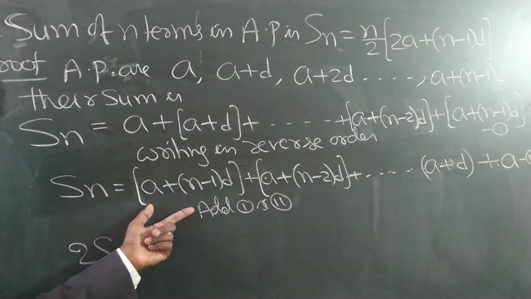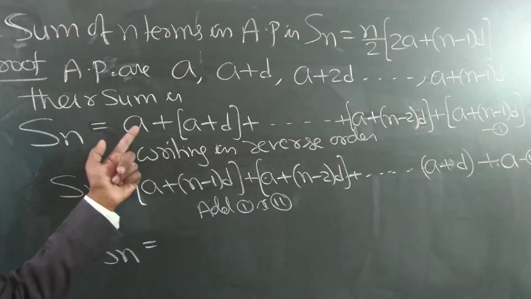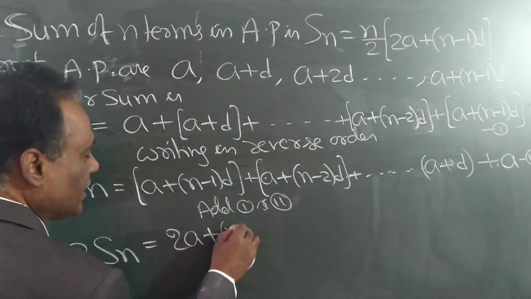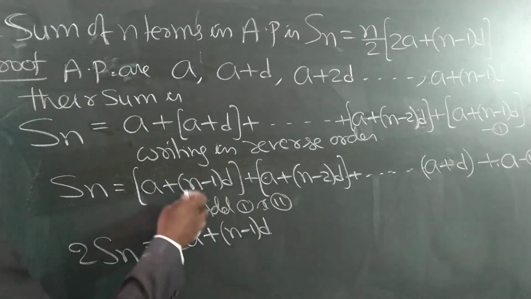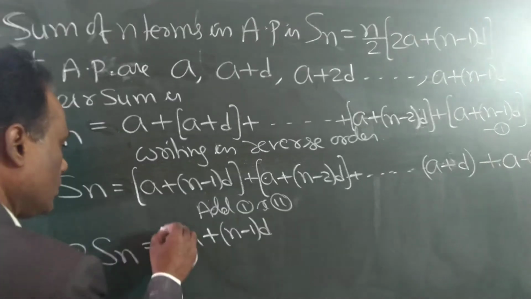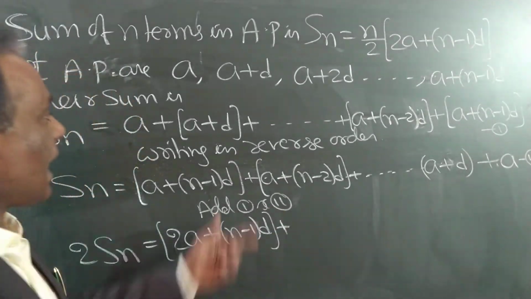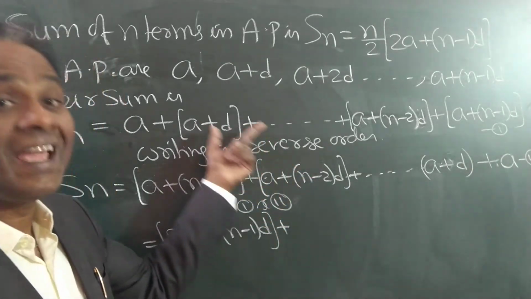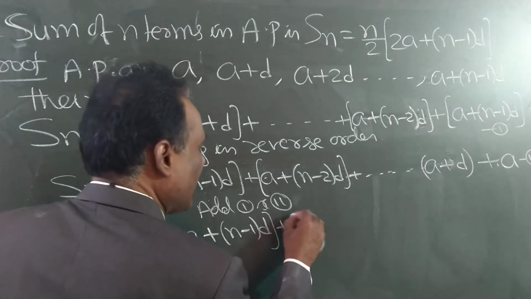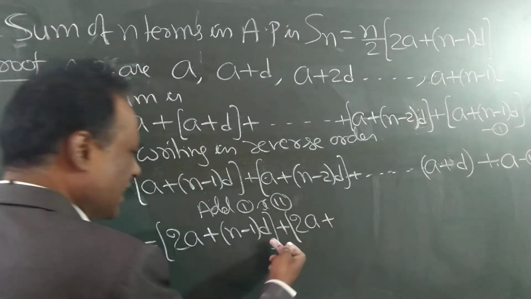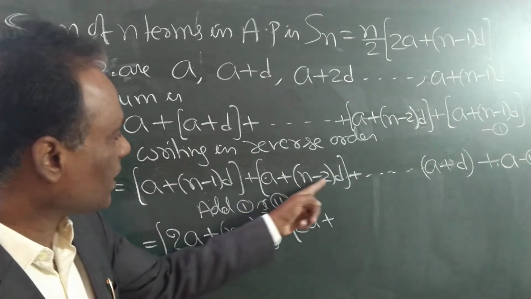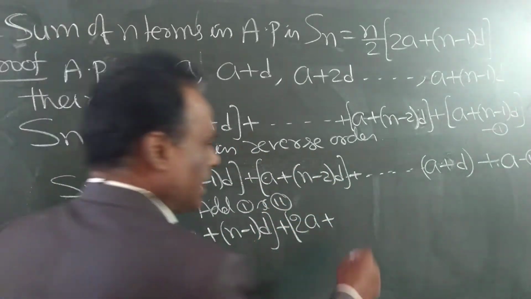Add these two: a plus (n minus 1) into d plus a, that is a plus a, 2a plus (n minus 1) into d. Add these two: here also a plus a, 2a, and d common, (n minus 2 plus 1), same we will get, (n minus 1) d.